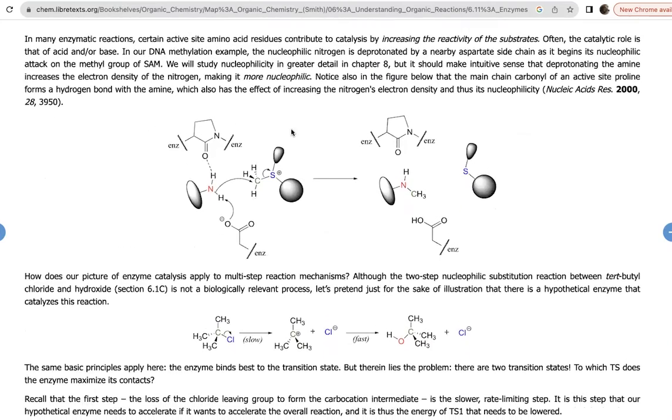When you look at a diagram showing how these enzymes help out, typically you'll see arrows representing the flow of electrons from our nucleophile to our electrophile. And then we're also going to see some of the amino acids in the enzyme, but not most of them.